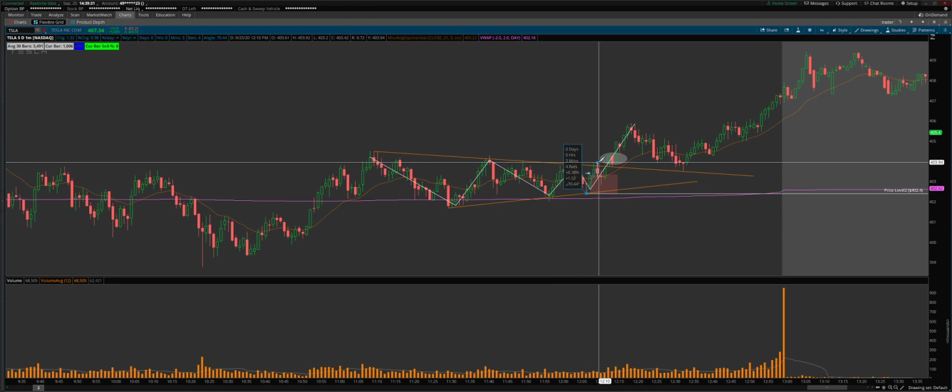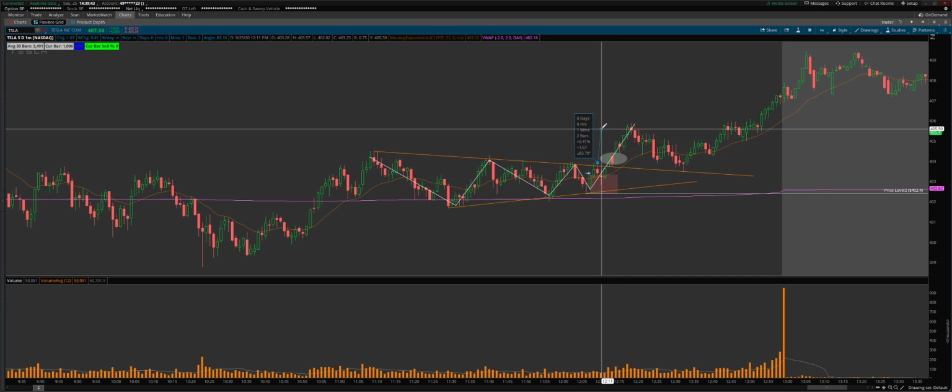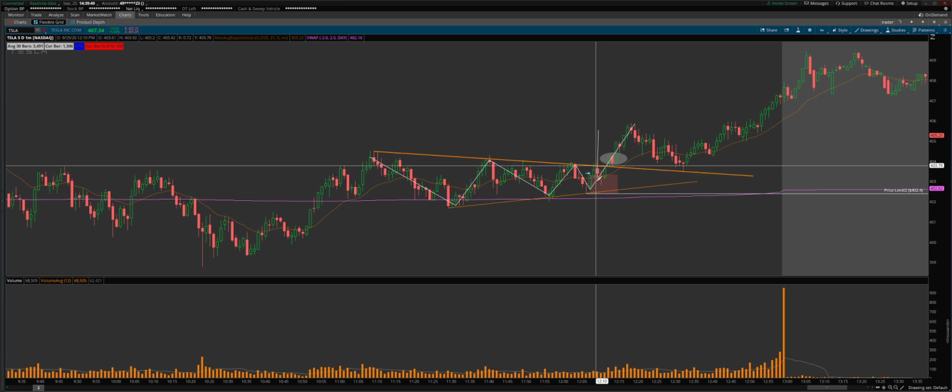The size of the move is $1.52. So if we just 1R that, $1.52 was about here. Yes, and you guys can see where it stopped. So it's basically like 1R.